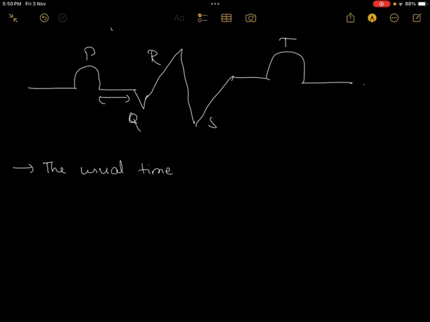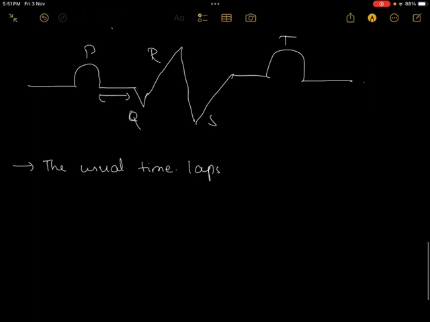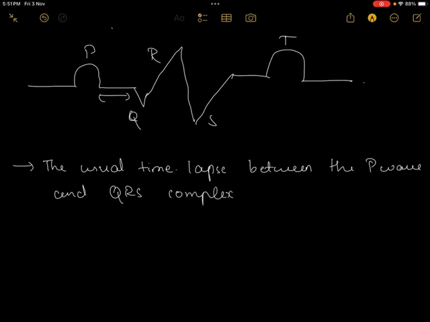The usual time lapse, the amount of time between the two complexes arising in the ECG, means the usual time lapse between the P wave and the QRS complex should be around 0.16 seconds.